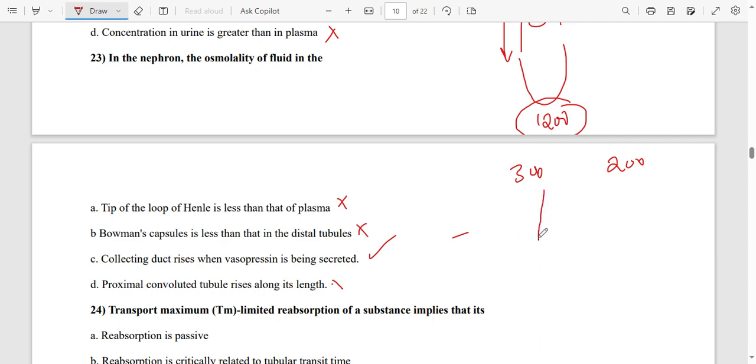As you go down, the concentration is going to be rising from 300 to 500 and so on. The phrase along its length, we don't know if it's talking about going downwards or upwards. Anyway, not that specific, but the best we can pick is that one.